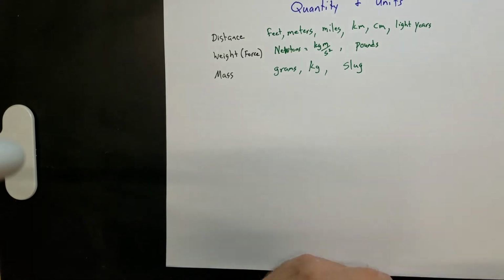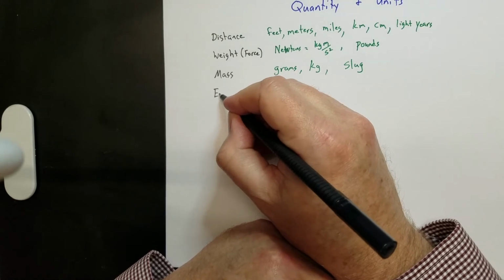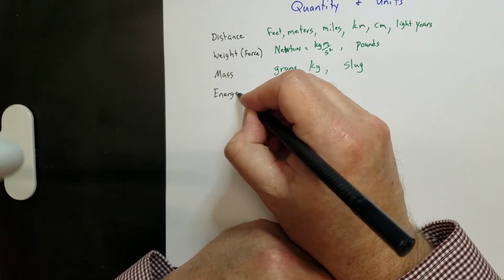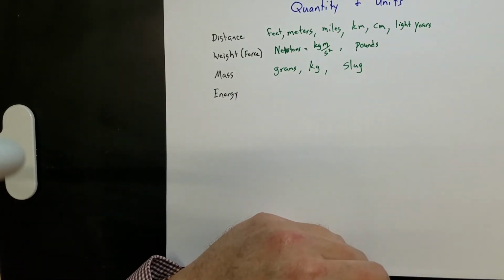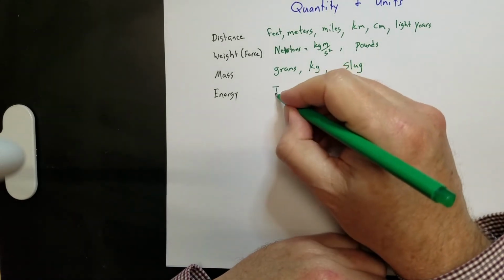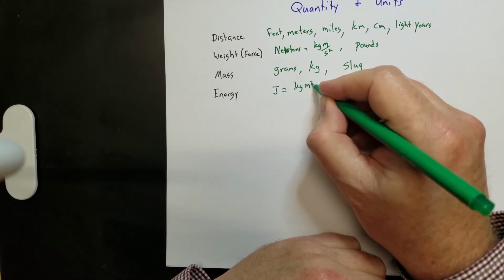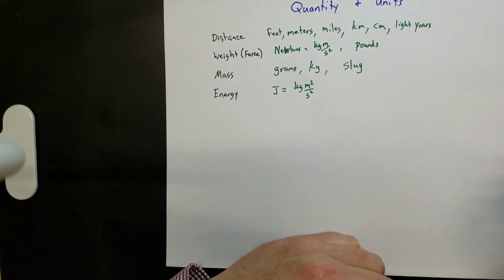Let's see, what some other things can we measure? We can measure energy. If you think about it, you probably know the unit for energy. It's a joule. Now, a joule is a kilogram meter squared over second squared.